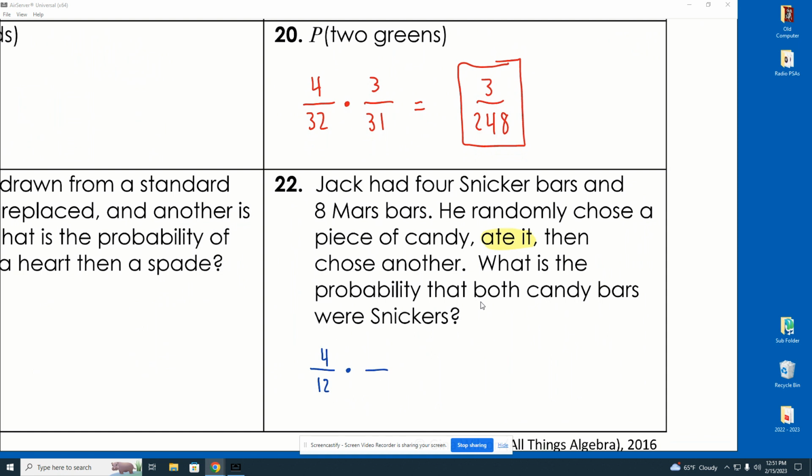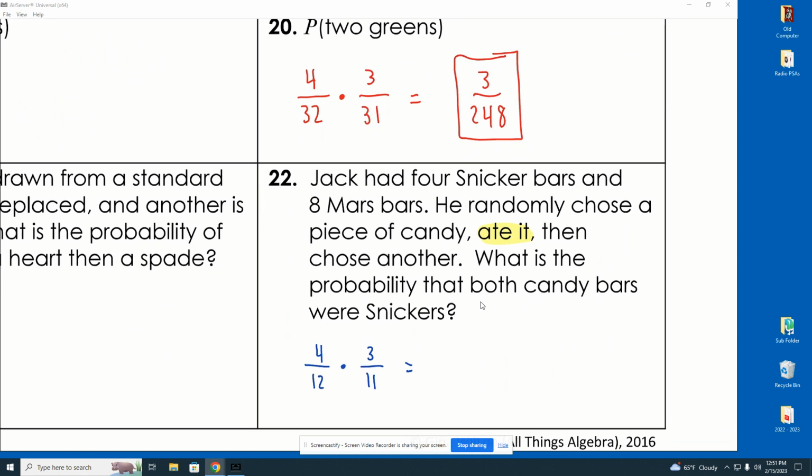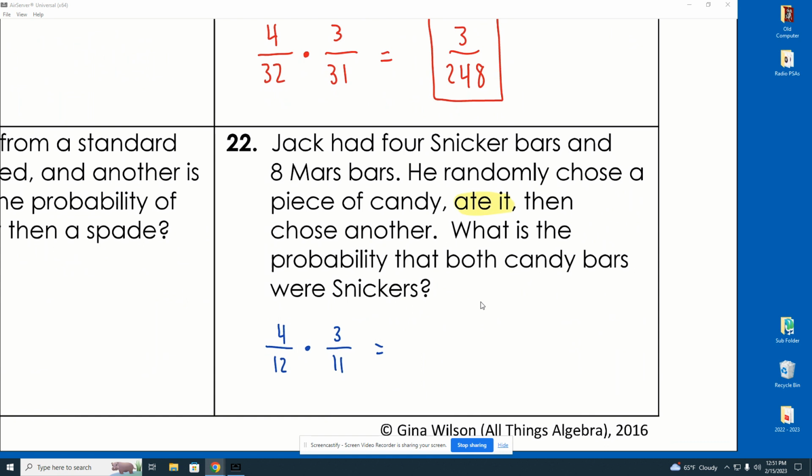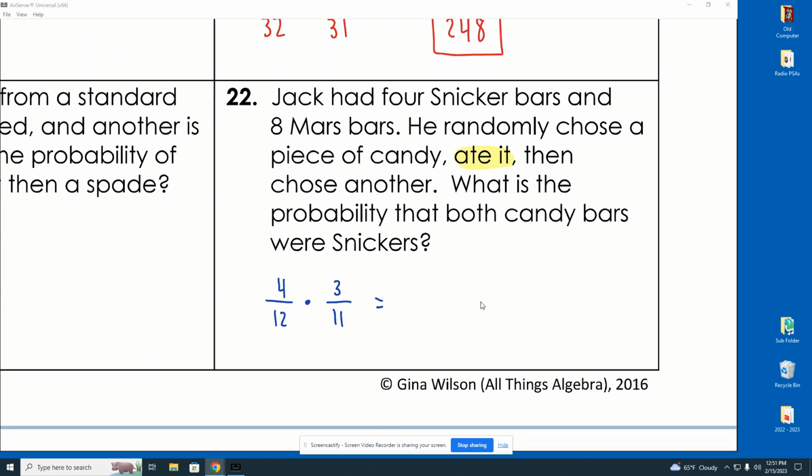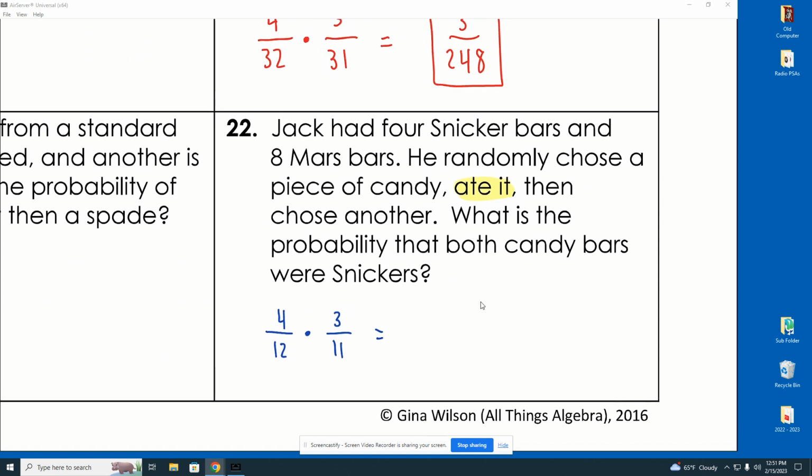What you did the first time, absolutely, unless you're disgusting, it absolutely affected the second time. You ate it. It's gone. So how many Snicker bars are left? 3. And how many bars are left? 11. So that's another way you can tell dependent. It might not have said replaced or not replaced, but you knew because if it's eaten, it's gone.